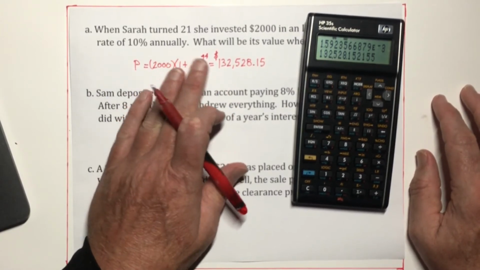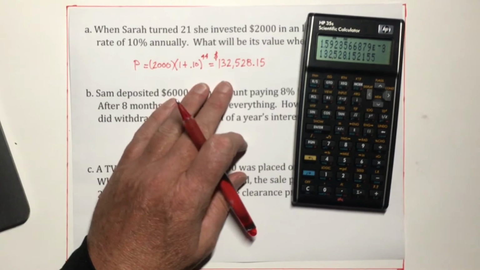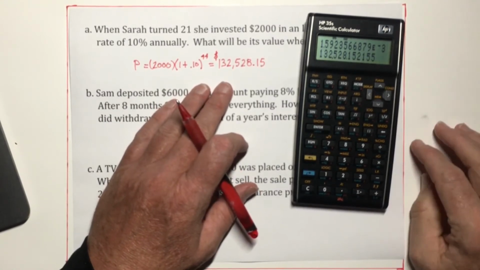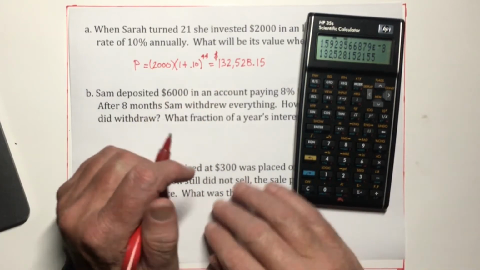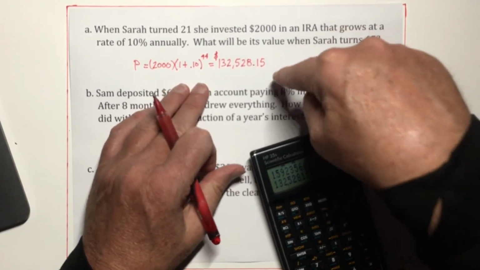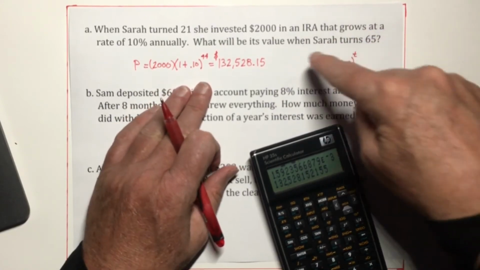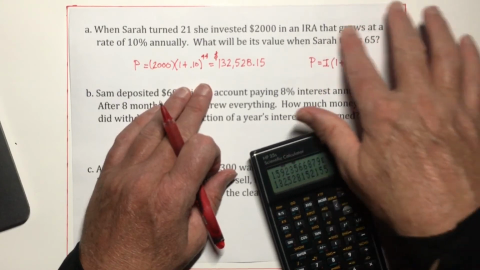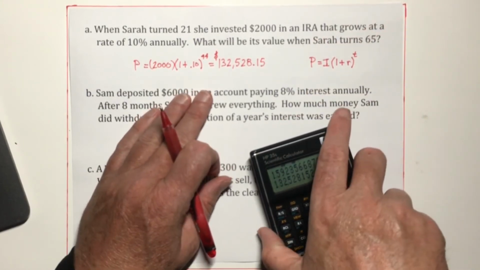When you're working one of these problems, if you wind up with this astronomical number, like, oh my gosh, you just earned $3 million, you almost certainly have done something wrong. But there's our formula right there, and we're just going to plug it in and solve it. We don't have to press the equal sign like your book says, 44 times. We're just going to use this formula right there. All right, nifty.